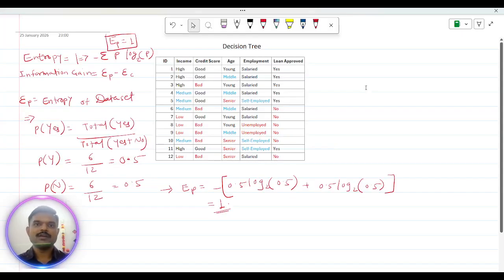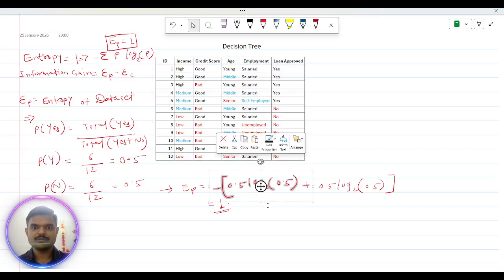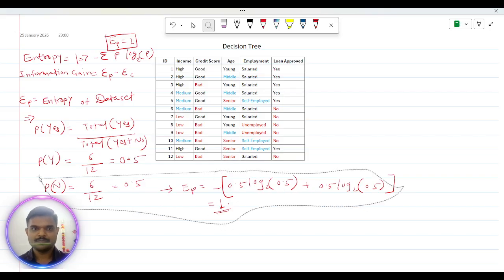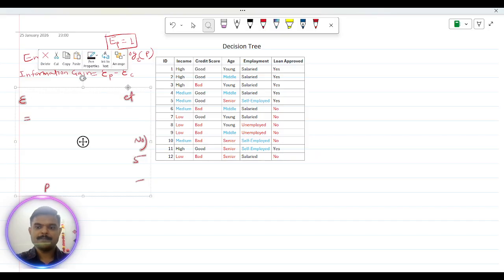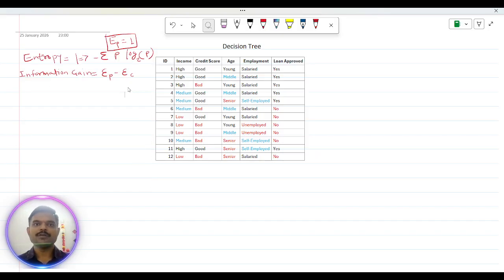And I will just remove this. Okay, so I have removed this.